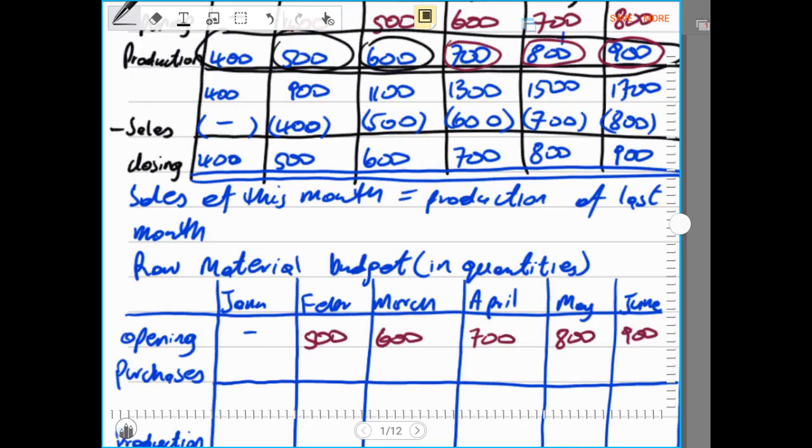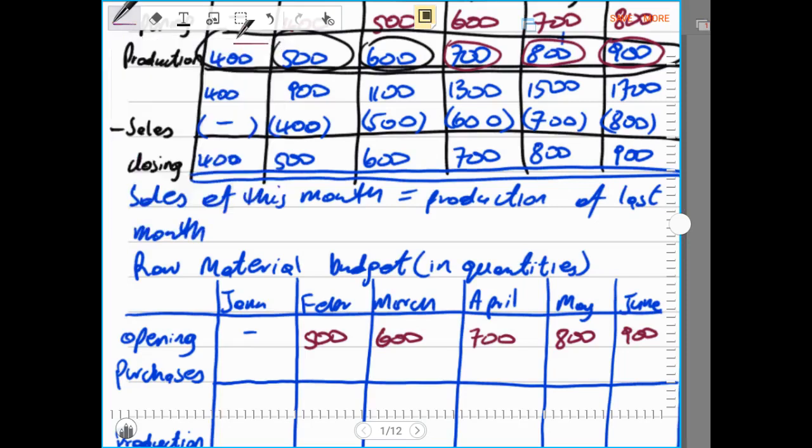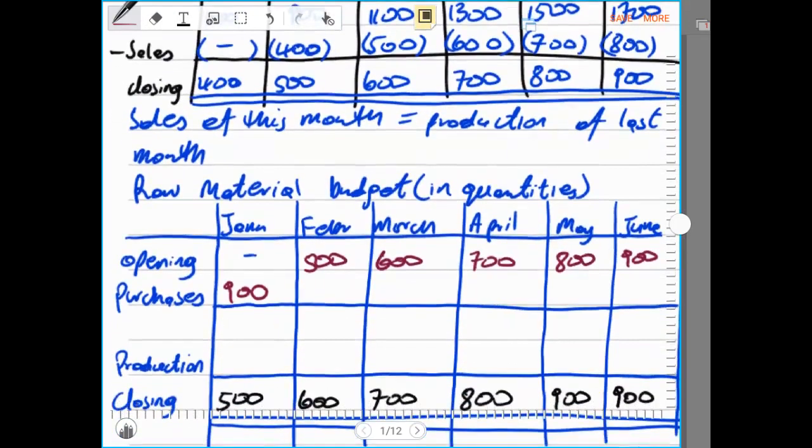That means purchases should be equal to production of January and February, and production of January and February is here 500 and 400. So our purchases should be an amount of 900. So that we have 900 here.